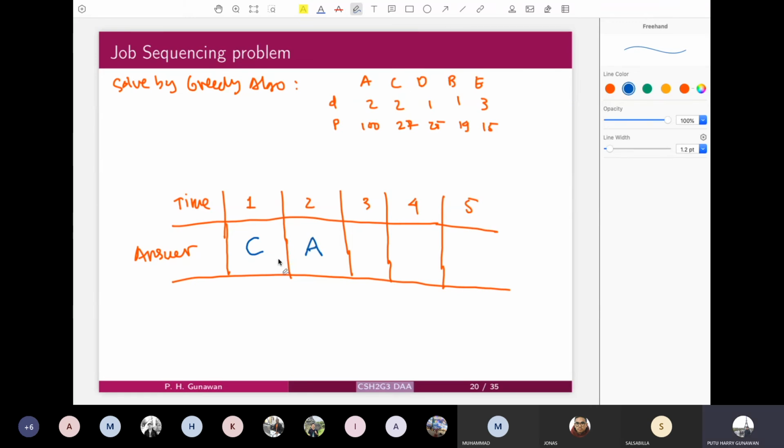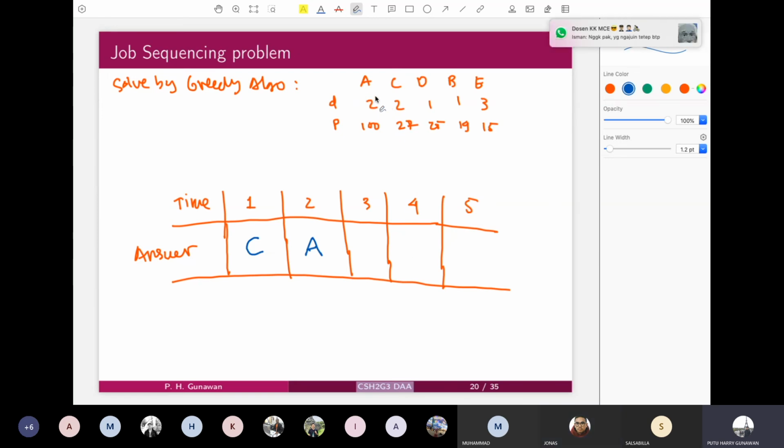Any other questions for this one? Why is time 1 C? Okay, since C has deadline 2. For instance, you have 2 homeworks, A and C, but both have a deadline 2 days from now.